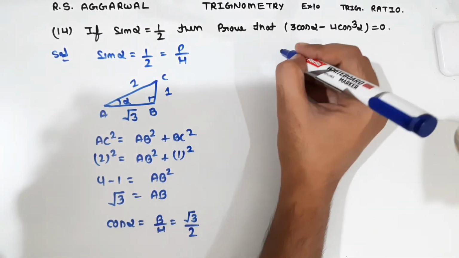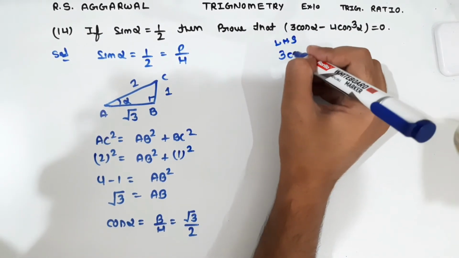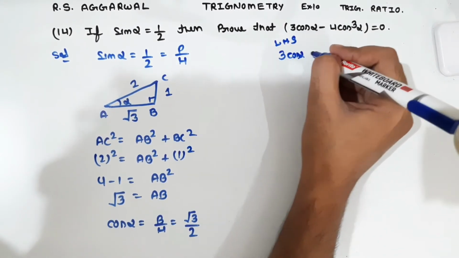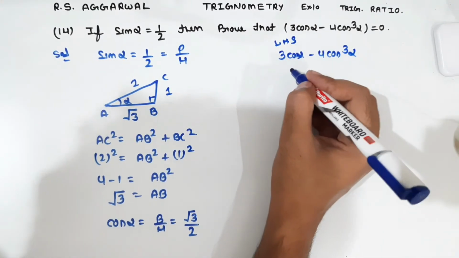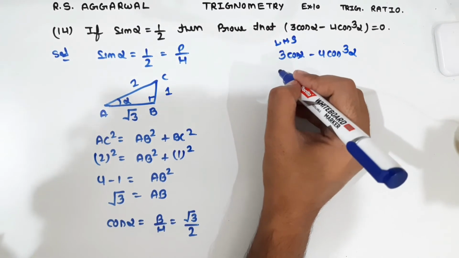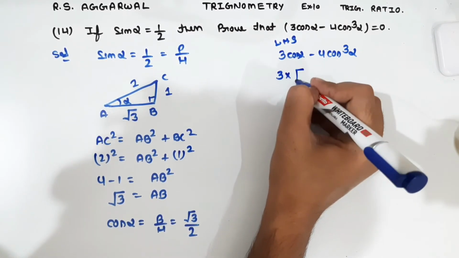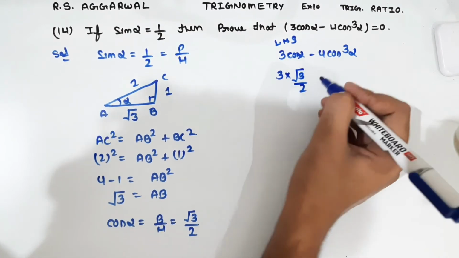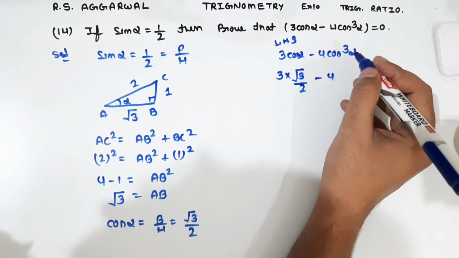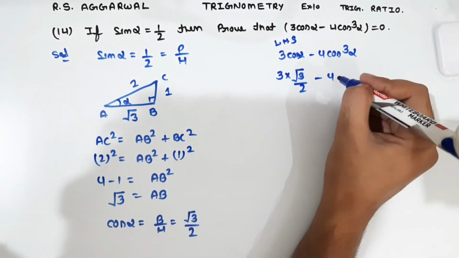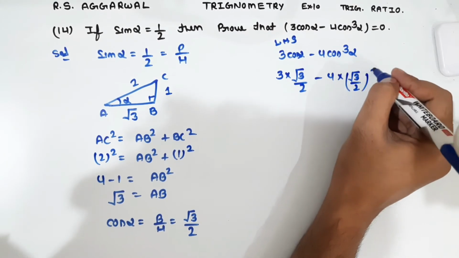So now left hand side 3 cos alpha minus 4 cos cube alpha. So now putting value of cos alpha, 3 cos alpha is root 3 upon 2 minus 4 cos cube alpha can be written as cos alpha whole cube, and cos alpha is under root 3 upon 2 whole cube.